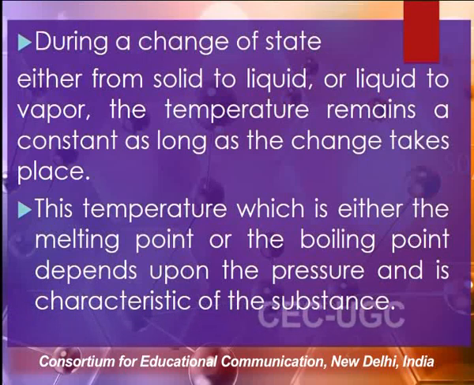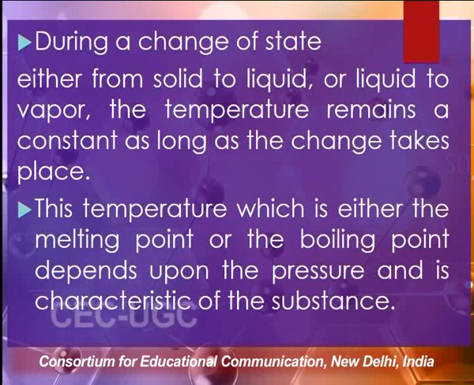This temperature, which is either the melting point or the boiling point, depends upon the pressure and is characteristic of the substance. Now mind you, we can also obtain the Clausius-Clapeyron equation from the equality of Gibbs free energy in two coexisting phases also, and in my subsequent lectures I would be doing this also in these lecture series.